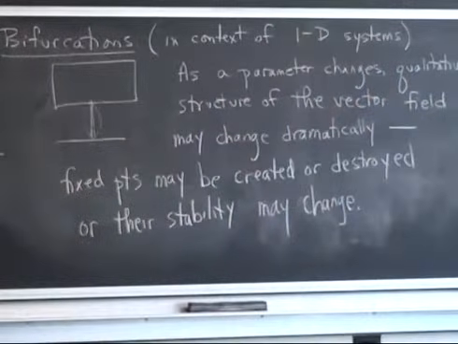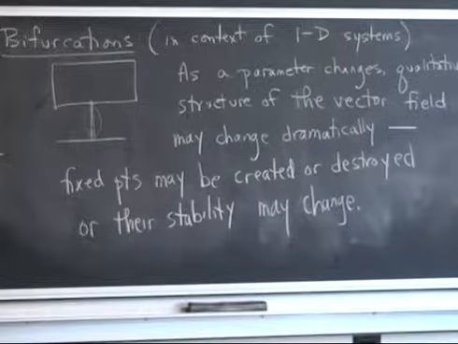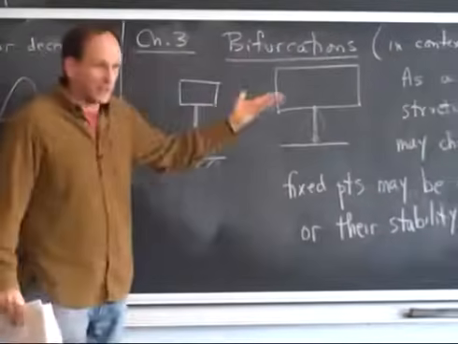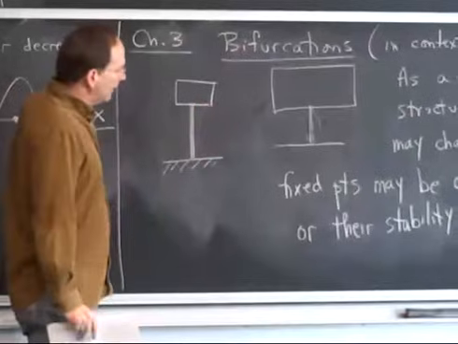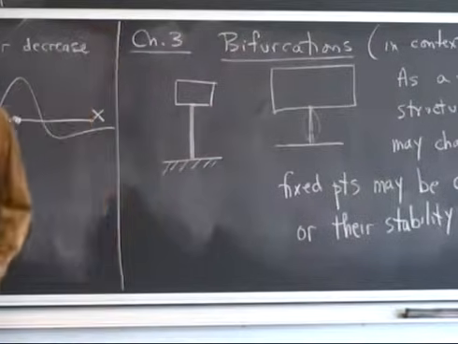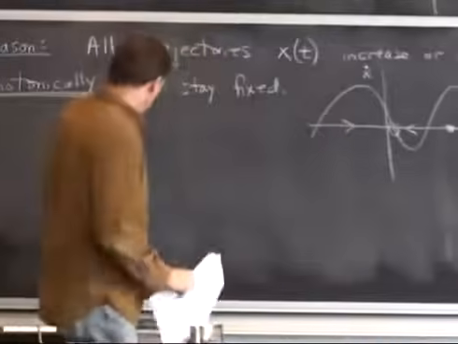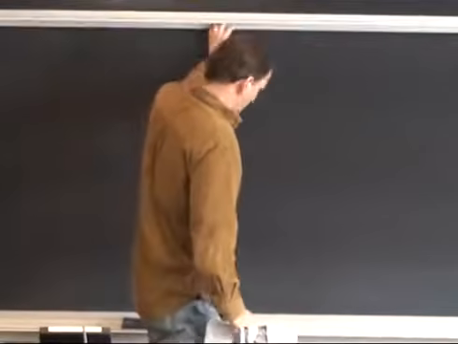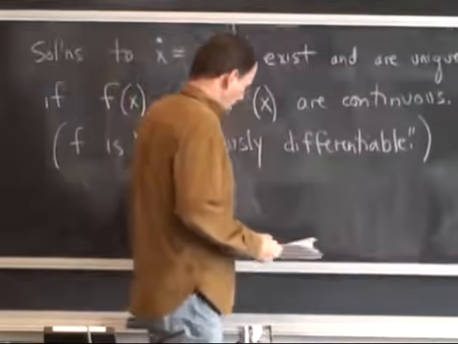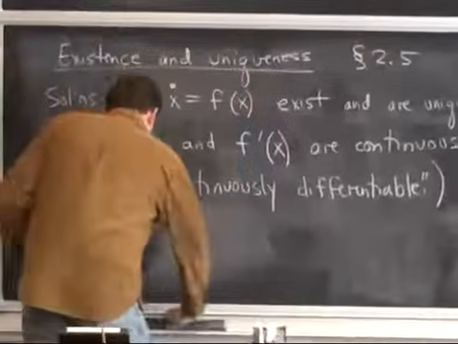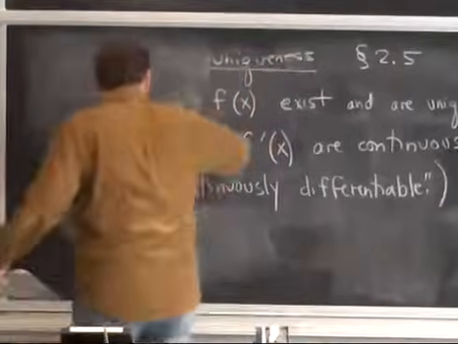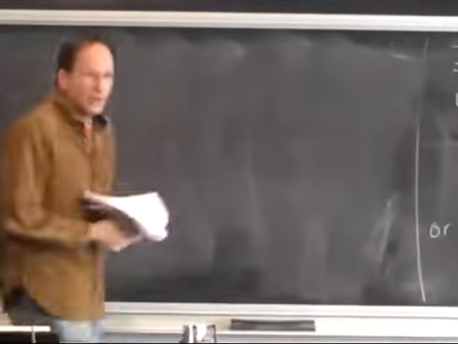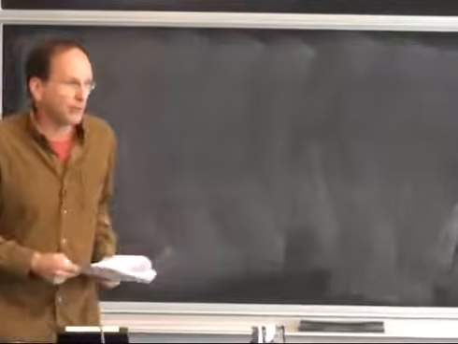So by qualitative change, I don't just mean like you move a fixed point around. I mean something much more dramatic than that, that it actually just vanishes and now it doesn't exist anymore, or it changes from stable to unstable or something like that. And so a change of that type is what we would call a bifurcation.